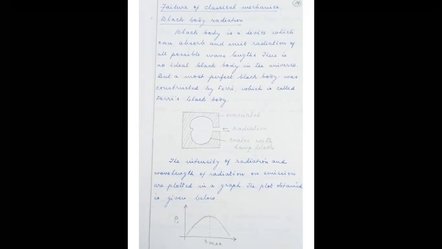Actually, the classical mechanics people assumed that the energy which is stored in the carbon particles by vibration is stored according to the equipartition principle: two modes of vibration, half kT into 2, so kT.